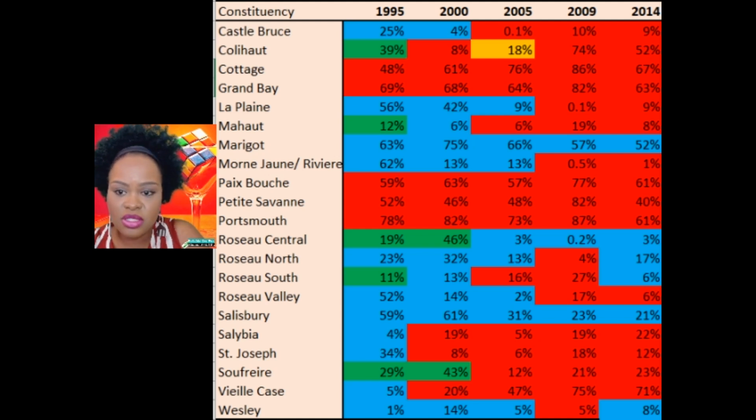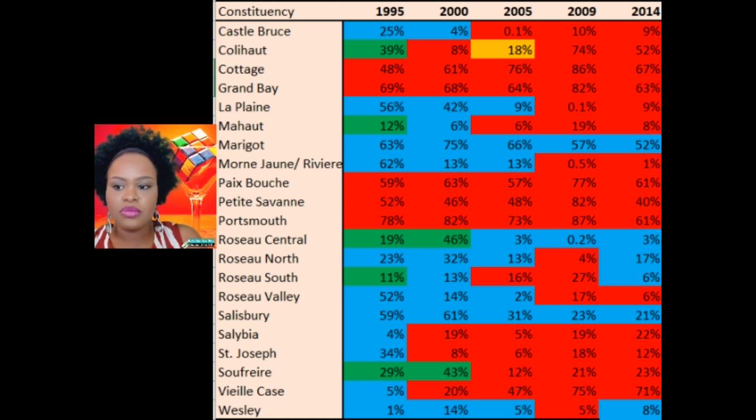So the Wesley constituency, the Mao constituency, and the Lapland constituency are just as unpredictable as each other. So contrary to popular belief, the Mao constituency is not as safe or stable as we are being led to believe. Right? So just keep that in mind.